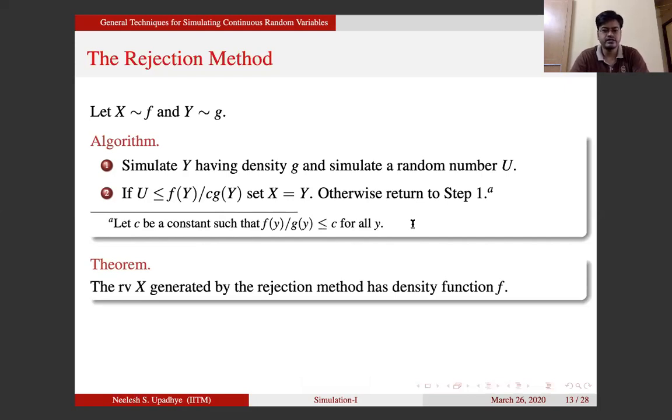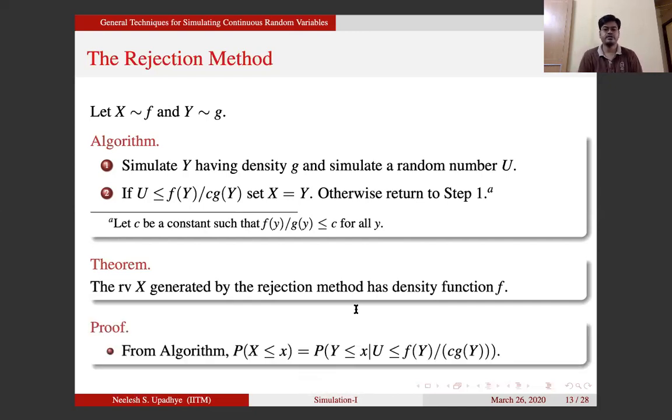Now if you look at this algorithm carefully, to prove this theorem, look at step 2. Given that u is less than or equal to f of y upon c times g of y, you set x equal to y. Otherwise, you return. So if I want to compute the probability of X less than or equal to x, definitely Y should be less than or equal to x, otherwise it is not accepted.